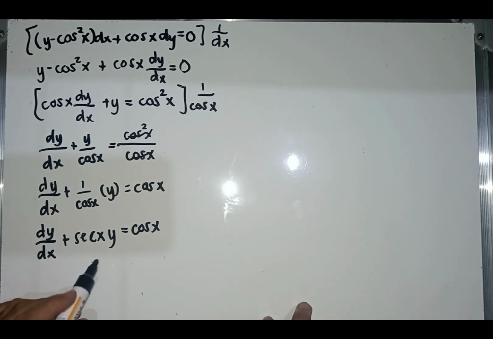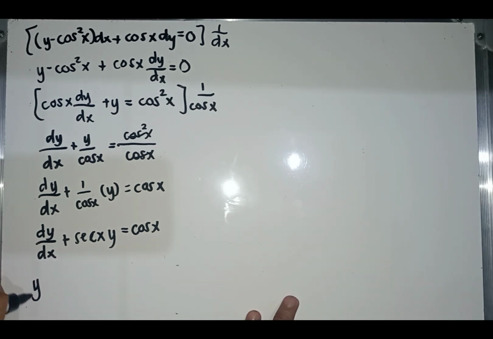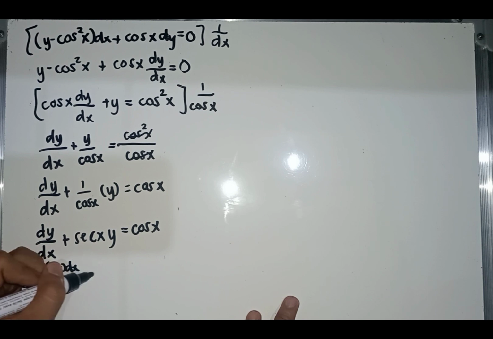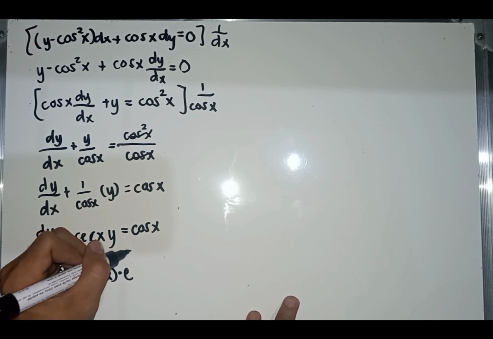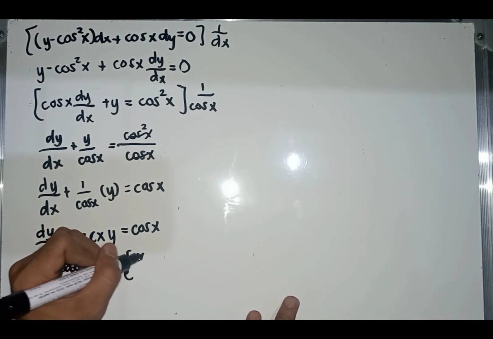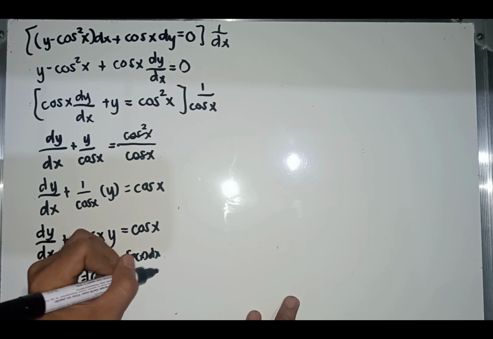Since it's linear in y, we're going to use y times e to the integral of P of x dx is equal to the integral of Q of x times e to the integral of P of x dx, dx.